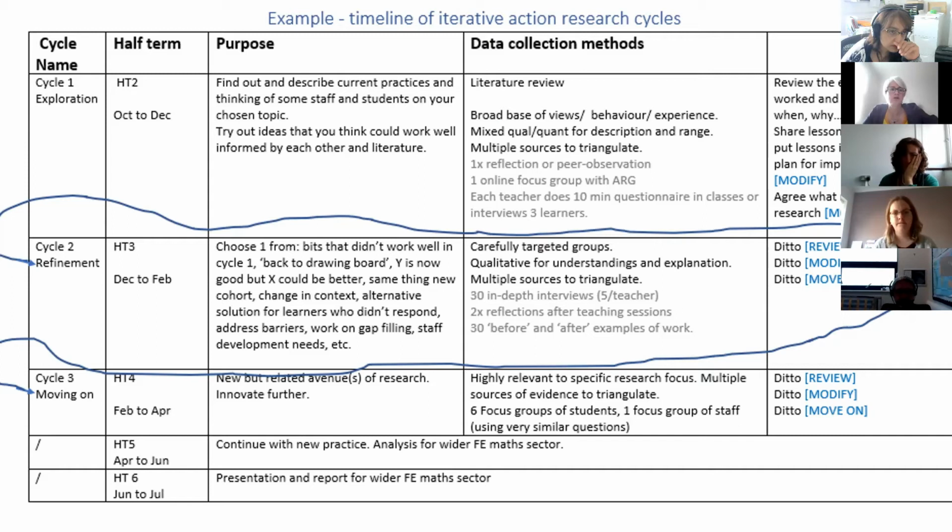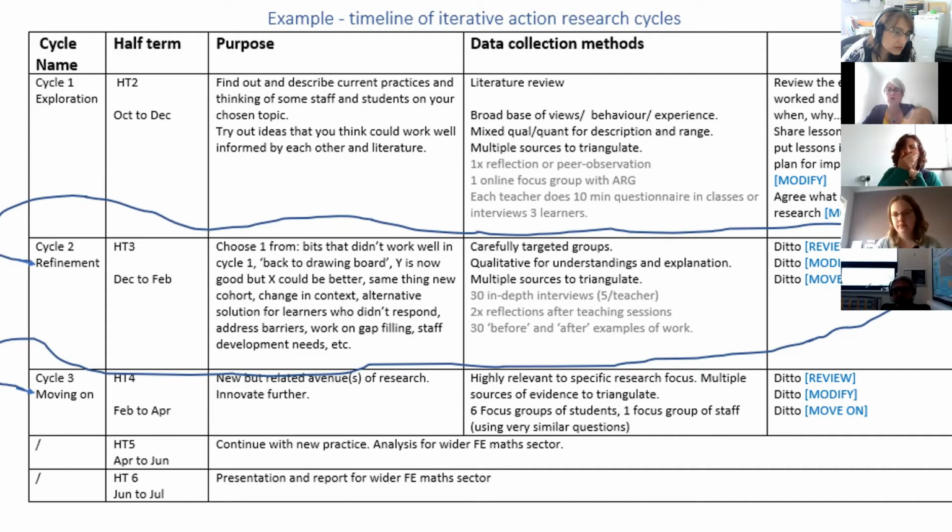And so I've got cycle 1, where I've called it exploration, in half term 2, so that's October to December. And I've got an idea of something I want to do, and therefore the data collection methods and what I'm going to do. And then that wiggly line feeds iteratively into cycle 2, which for me is a refinement, just as an example.